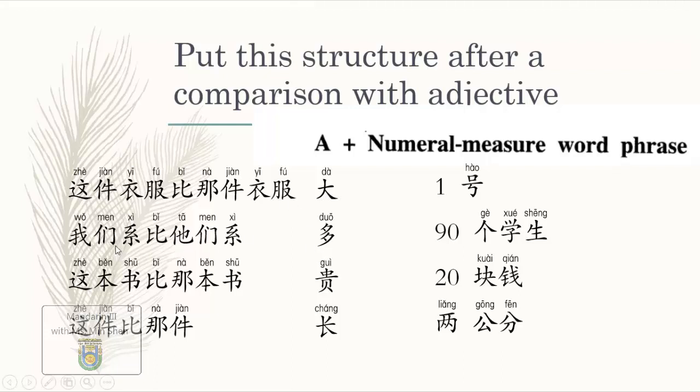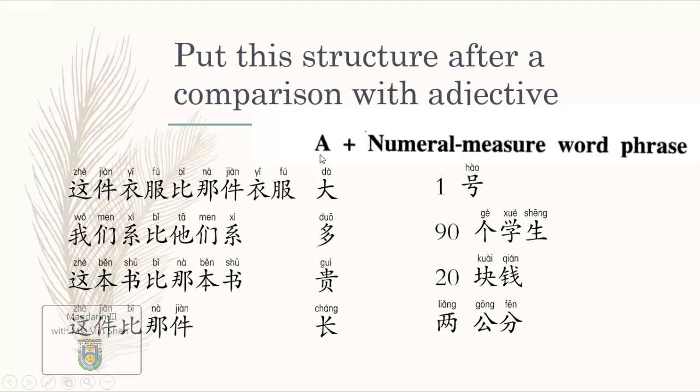And the other comparisons we learned earlier: 我们系比他们系多, our faculty has more than their faculty. 这本书比那本书贵, this book is more expensive than that book. 这件比那件长, this piece is longer than that piece.